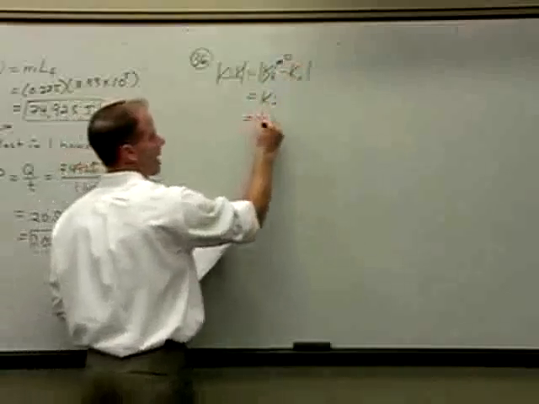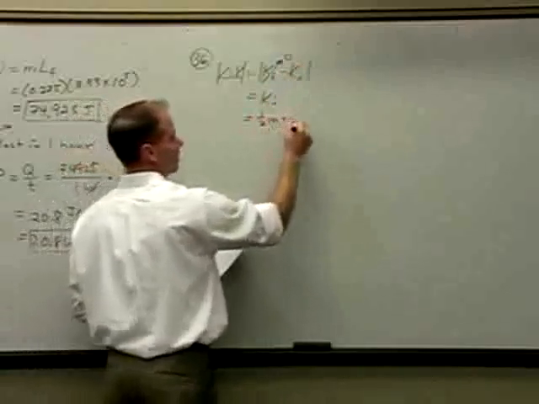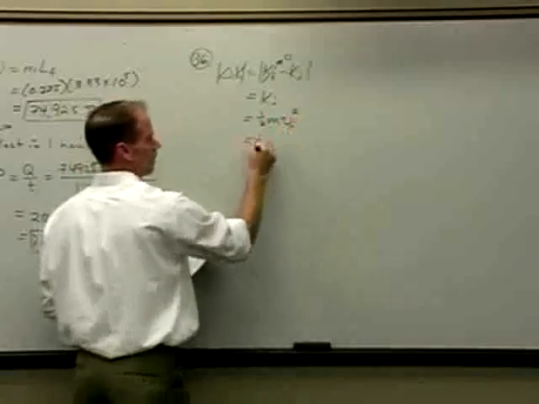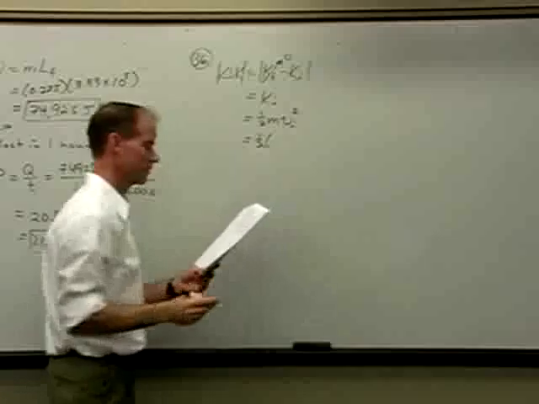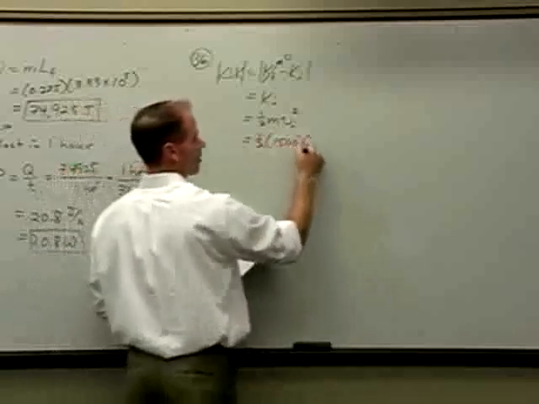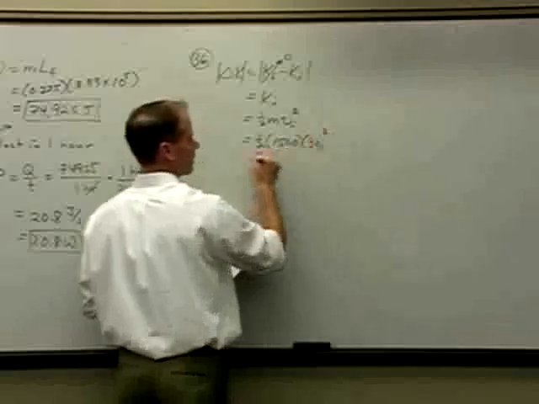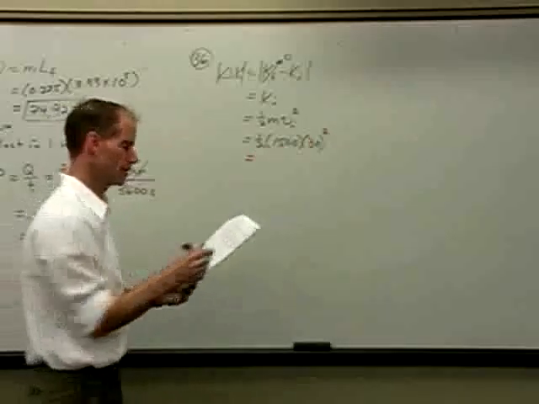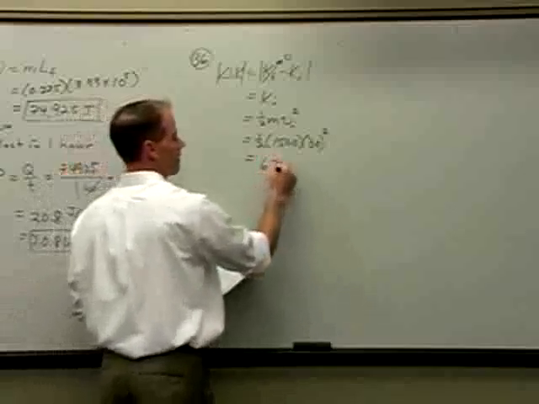And that is going to be 1/2 the mass times the initial velocity squared. That'll be 1/2 times a 1,500 kilogram automobile moving at 30 meters per second. And this amount of energy is 675,000 joules.